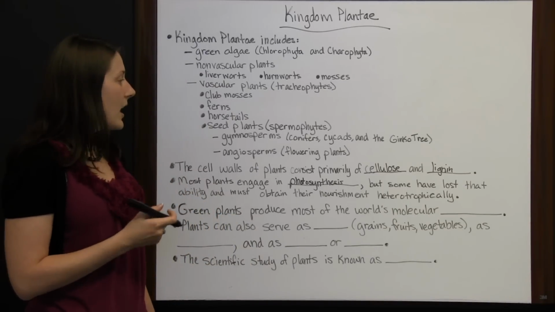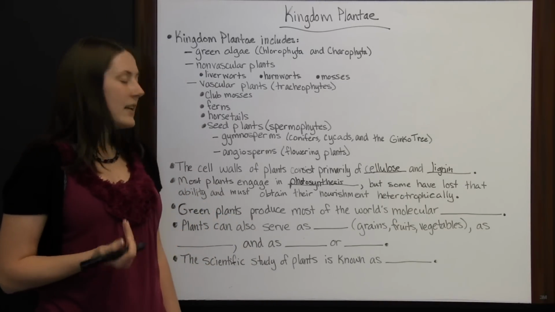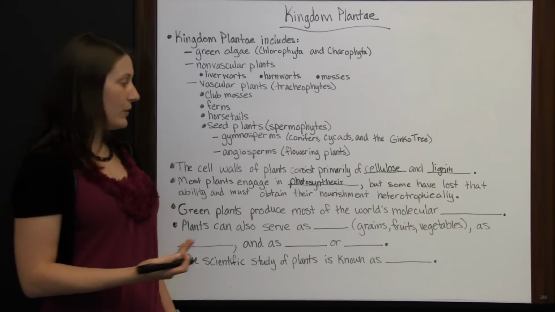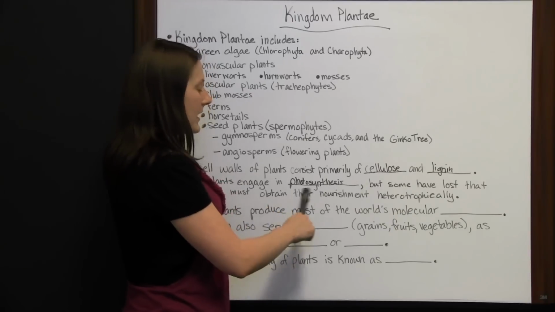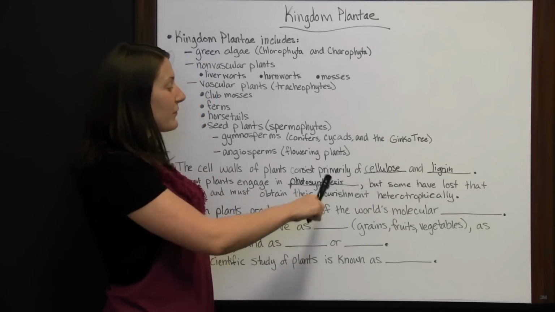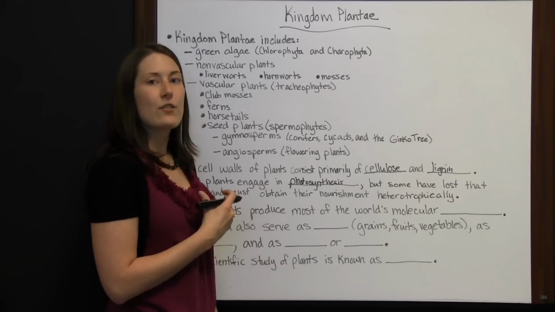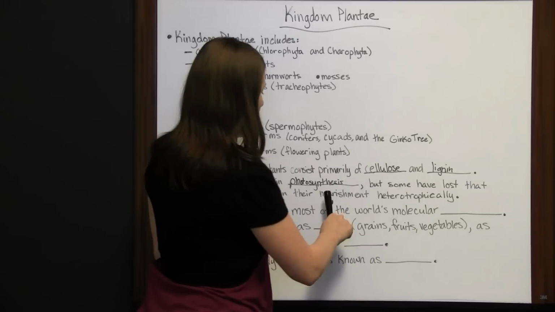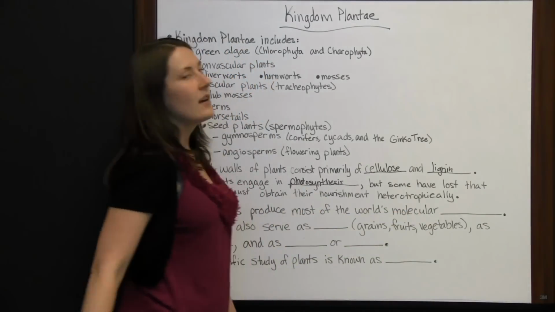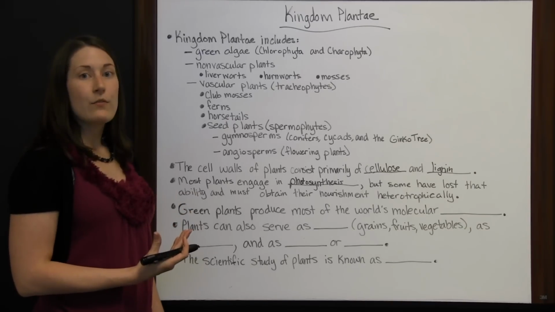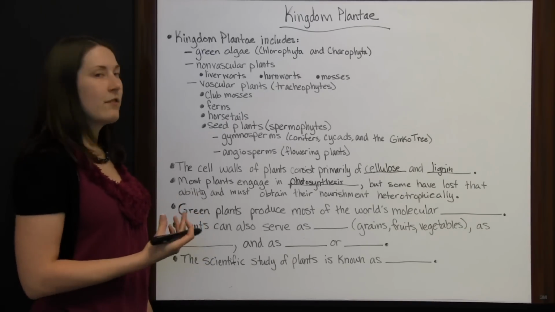But some plants have lost that ability and must obtain their nourishment heterotrophically, so they can't make their own food. Autotrophs are plants that can carry out photosynthesis. They can create their own food. But heterotrophs cannot create their own food, and they must get their nourishment from other places.